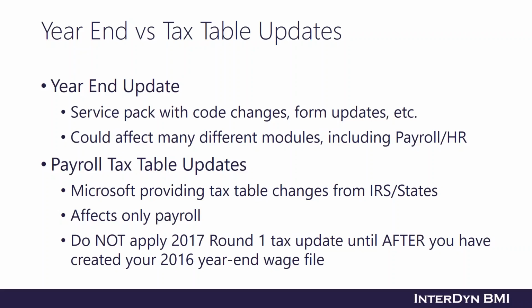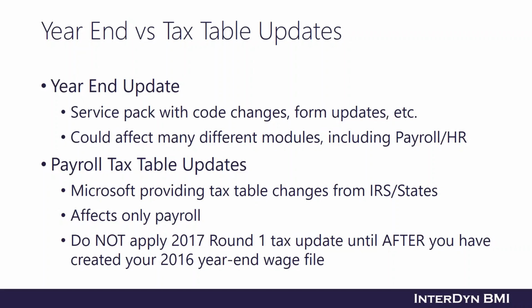And so what we don't want to do is put that tax update on now, because if that was out and we put that on, then that resets our Social Security wage limit immediately, and we don't really want the new Social Security wage limit in place until we do 2017 payroll.